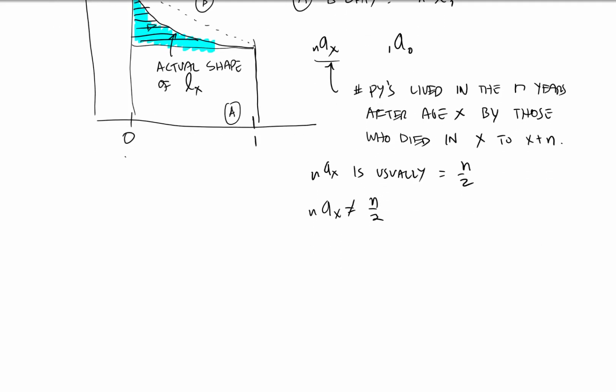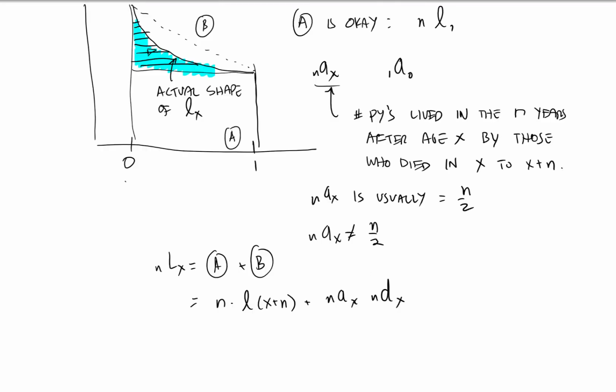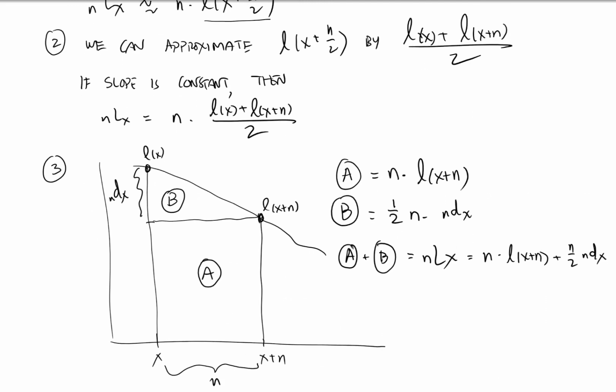We'll give some specific formulas for nAx later, but the way we use it is that nLx will equal this A part plus the B part. The A part is still going to be n times Lx plus n, and the B part now is going to be nAx times ndx. And we can compare that to what we had up here.